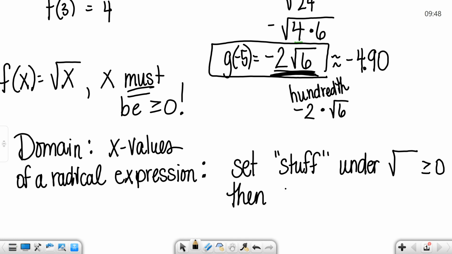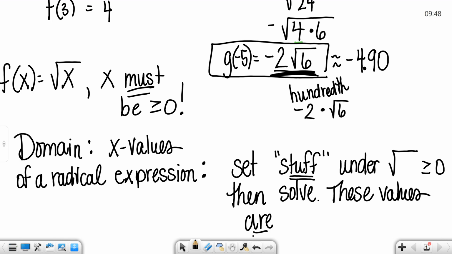Then solve. Now notice I said the stuff under the radical. These values are the domain. Okay, so let's try that.